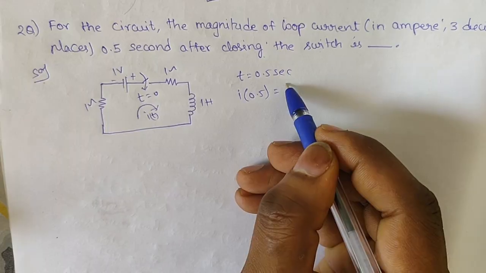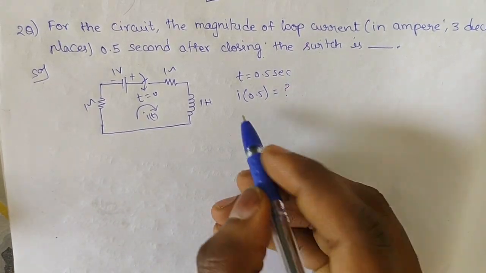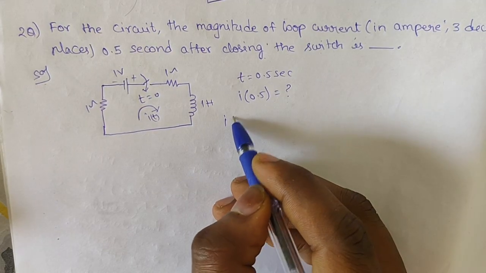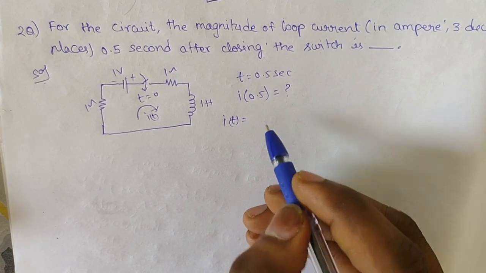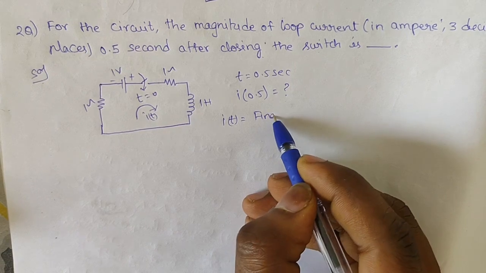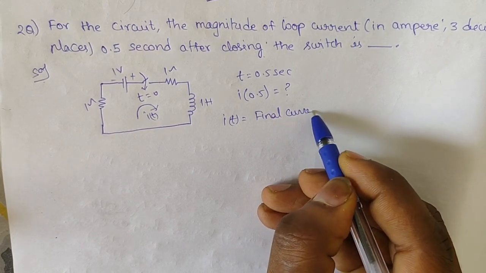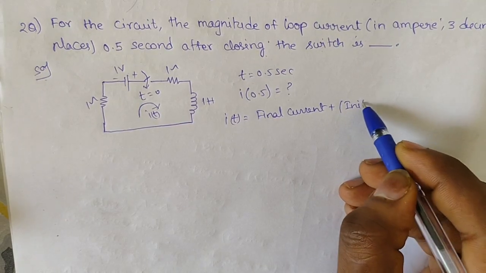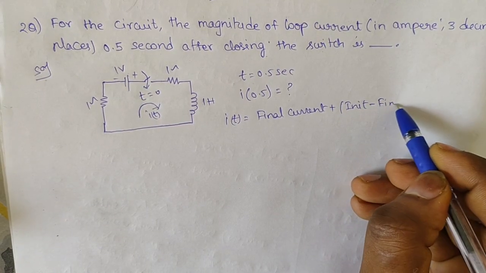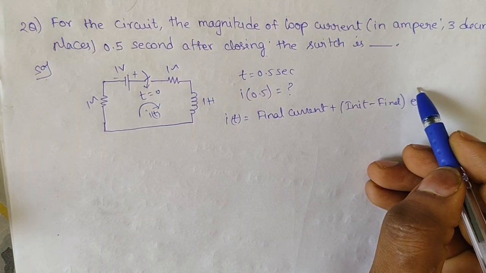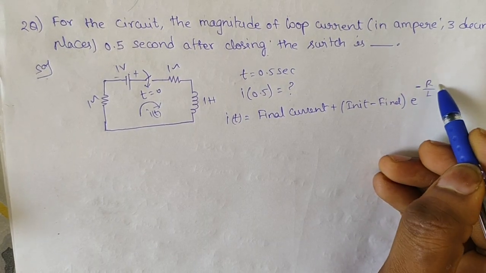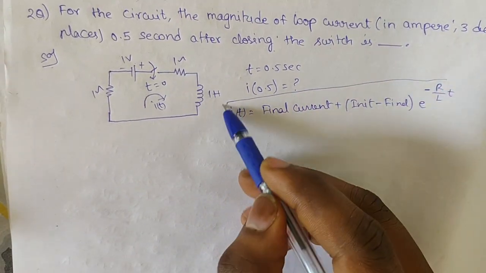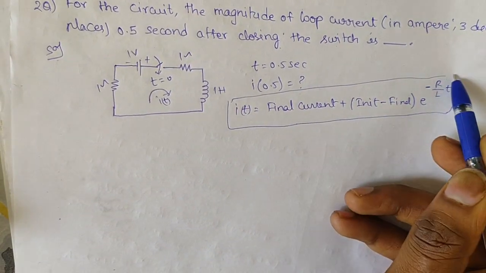We know the standard formula: I of t is equal to the final current plus (initial minus final) into e power minus R by L into t. This is the standard formula. If you put in all the values, we will get the answer.